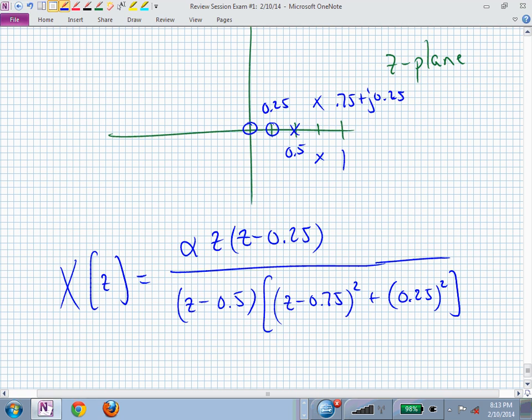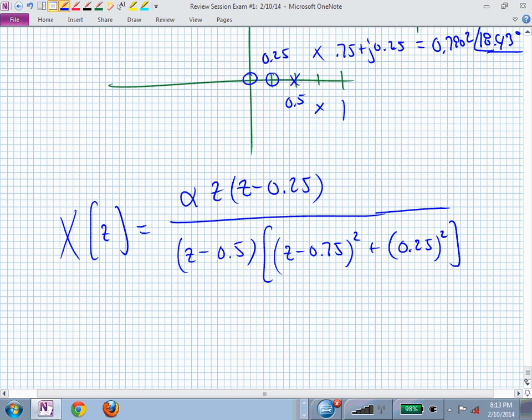Meaning if I wrote this not in rectangular form but in polar form, I now have 0.7902 at an angle of 18.43 degrees. I'm writing it in degrees just because it's easier than radians to visualize. So something a little less than 20 degrees.